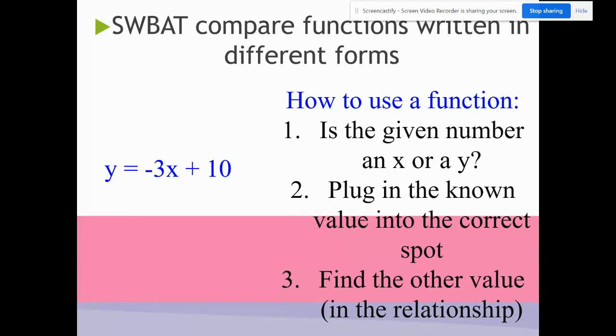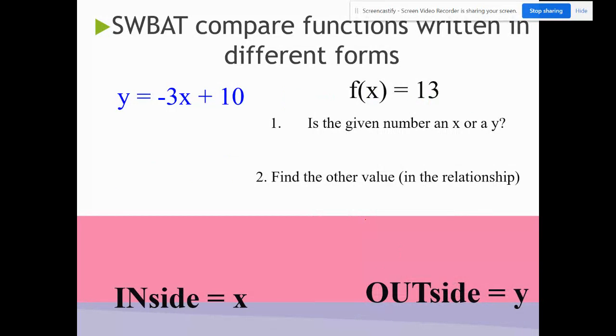We did this on our last quiz, not yesterday's quiz, but the quiz before that, when we were plugging in numbers, substituting with our evaluating functions. It was our second learning goal on the last quiz. So in this case, I'm telling you f(x) is 13. So we're going to plug in the 13 for y because it's on the outside.